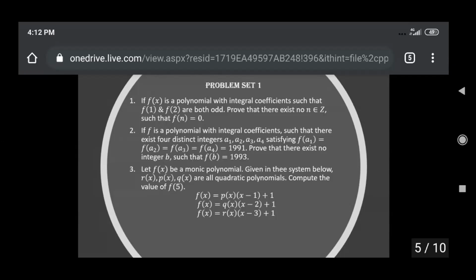Has everybody understood the concepts? Okay, yeah, 1 minute. I will start now for problem sets.